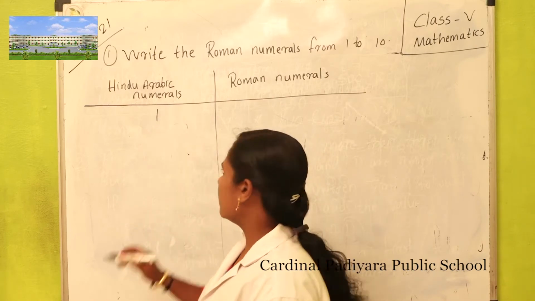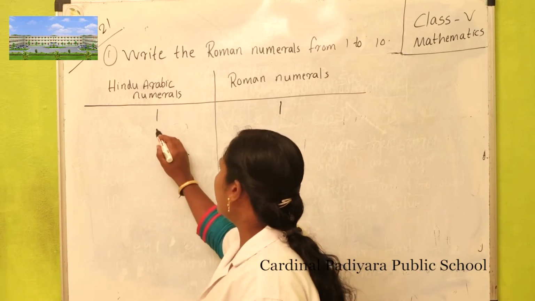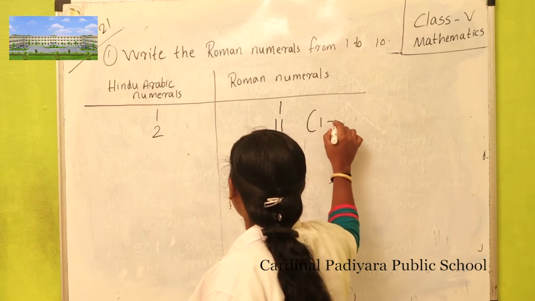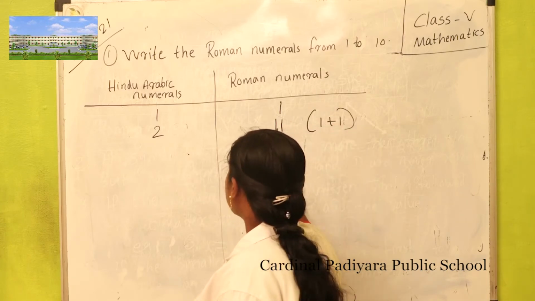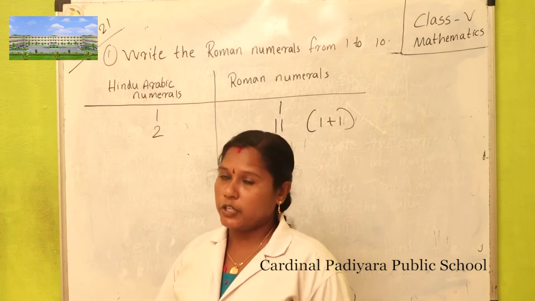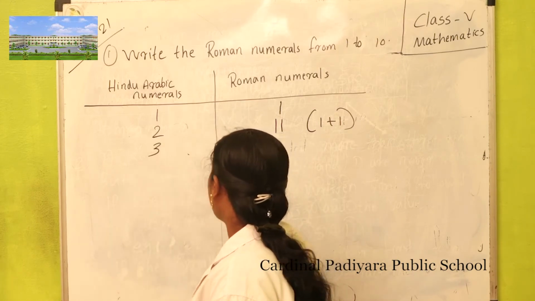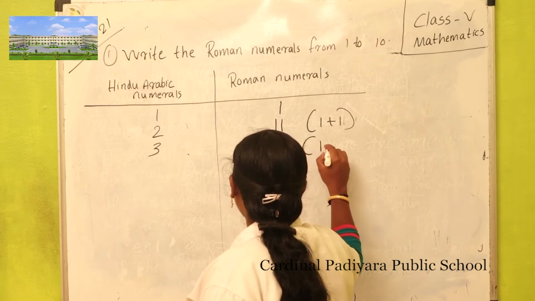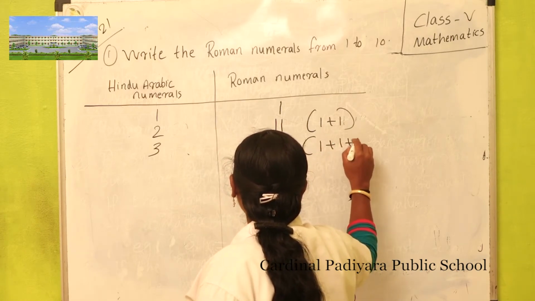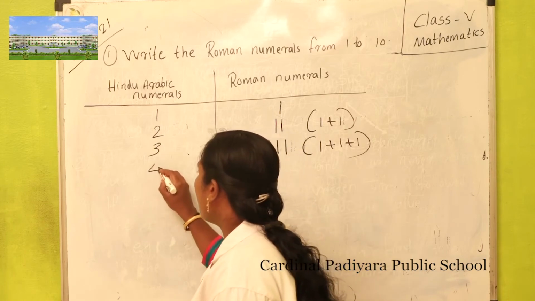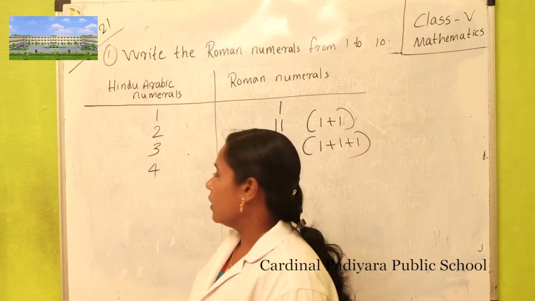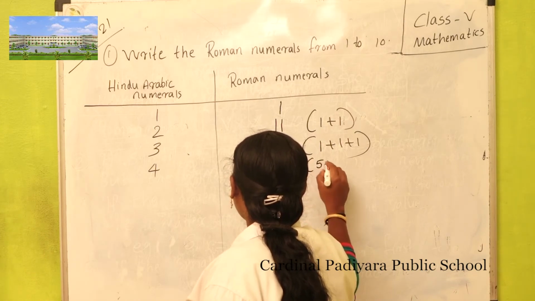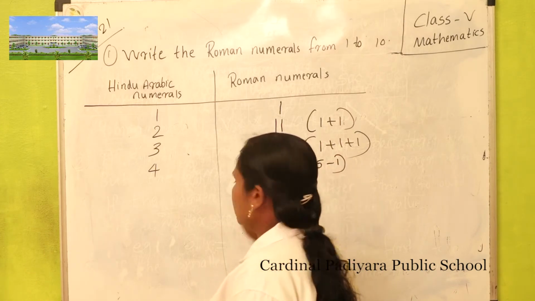One, I, then two, II. That means 1 plus 1. Repeating a symbol represents addition. Then 3, III. That means 1 plus 1 plus 1. Then 4, IV. That means 5 minus 1.